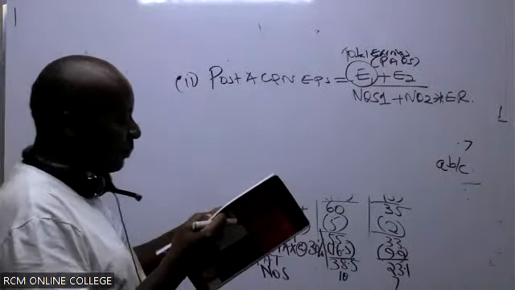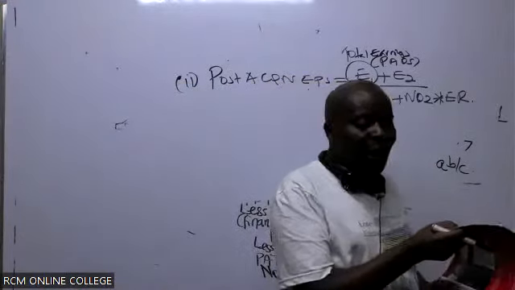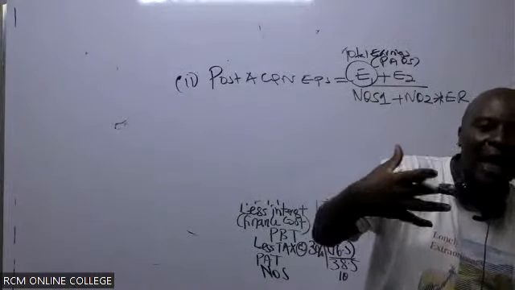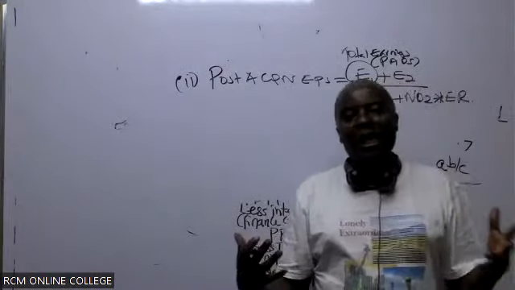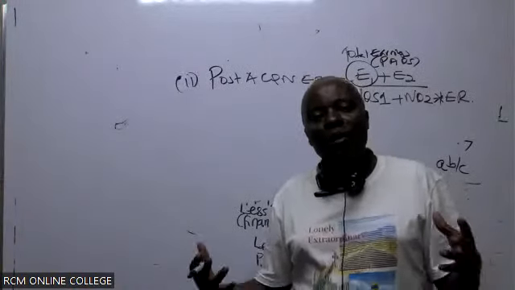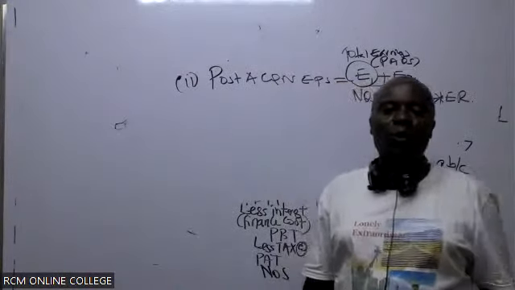Now, read this very well. They're telling us the post-acquisition EPS, assuming that there is an offer price of 30. We learned something here about situations when an offer price is given. What do we normally do whenever an offer price is given? There must be some abracadabra that we must do here.